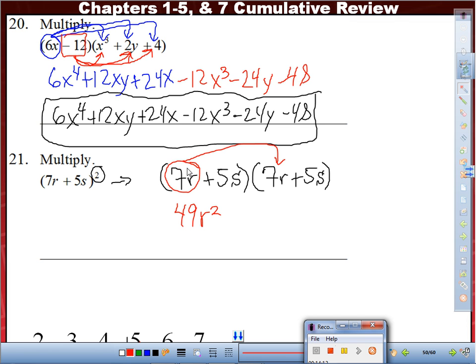So, 7r, here we go. 7r times 5s. So 7 times 5, that's positive 35. R times s, that's rs. So we're done with that term.